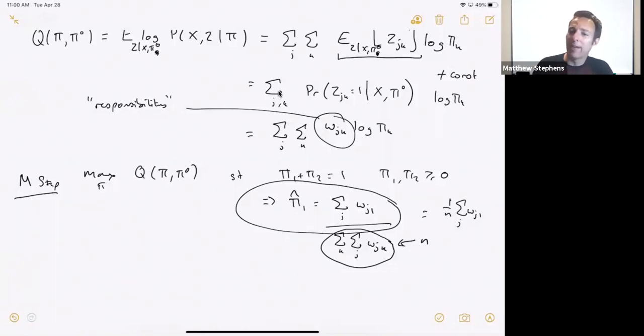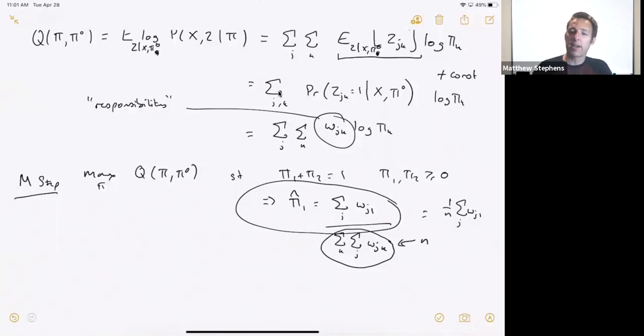And the problem we have is that the W's depend on pi, so we have to iterate that procedure. So it's a very intuitive procedure in this particular case. Again, it iterates between, given the current estimate of pi, estimating the probability that each observation came from each component, that's computing the W's, and then estimating pi by the average of the W's. So it's a very intuitive algorithm, which is part of its appeal, and very simple as well.